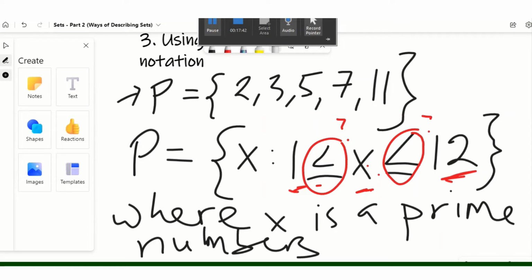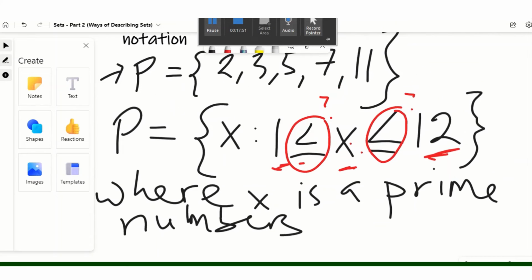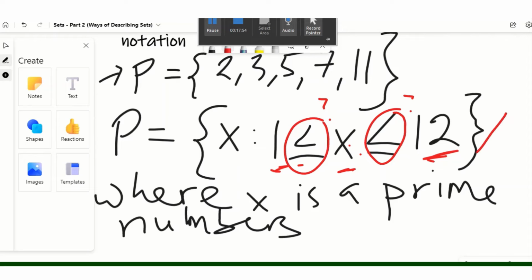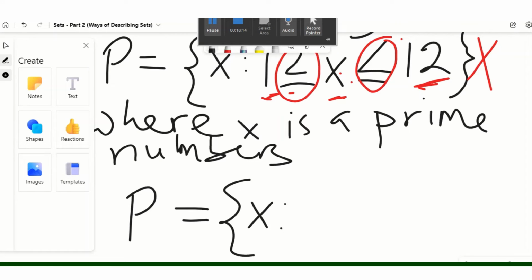Now we are going to express it correctly. So this is wrong. I hope you noticed it. All right, so let's express it correctly. It should be P equals {x : x is such that... Now let's understand this.